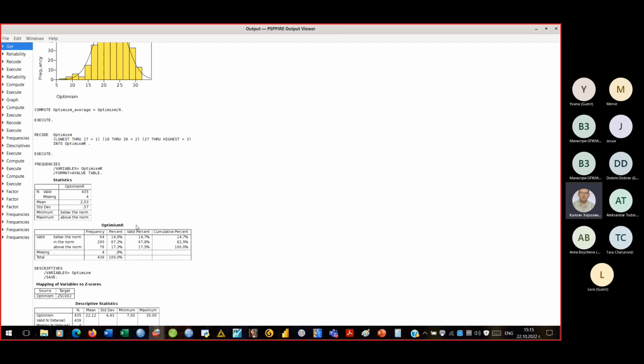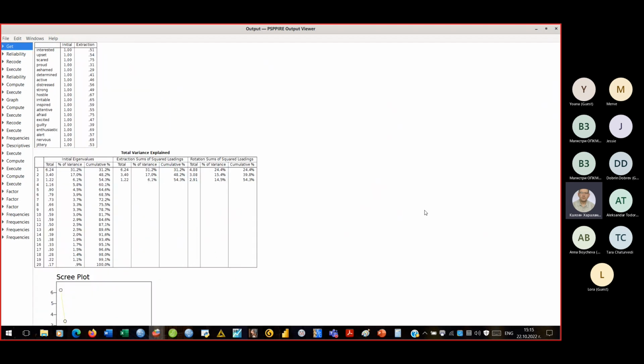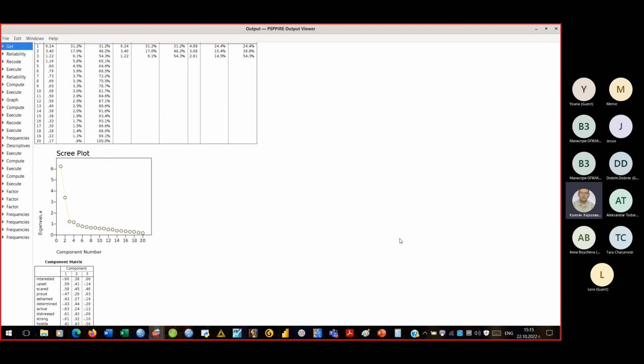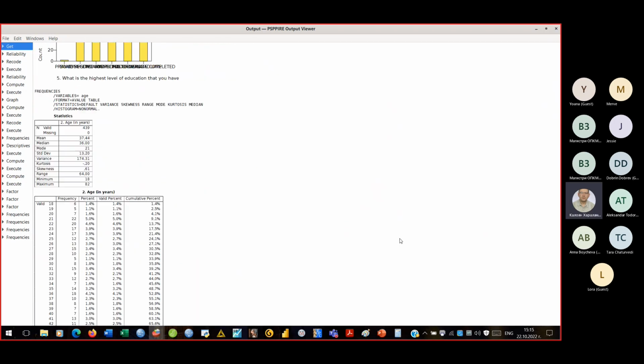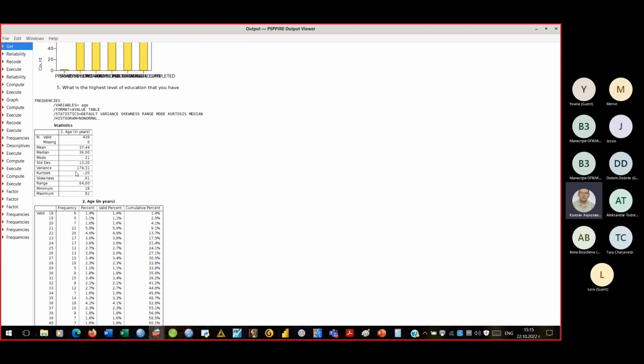And in this way, we also compared empirical distribution with normal distribution. The third way for comparison of empirical distribution and normal distribution is to compare skewness and kurtosis with 0. And if these two measures are close to 0, that means that the empirical distribution is close to the normal distribution.